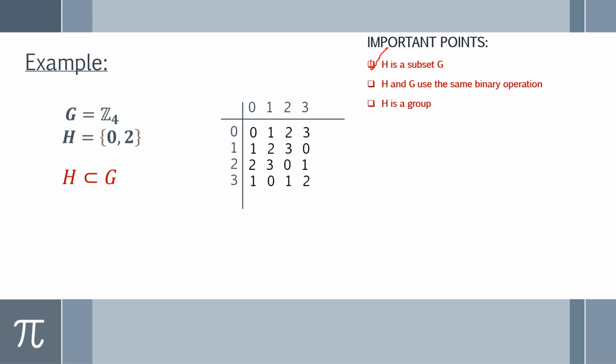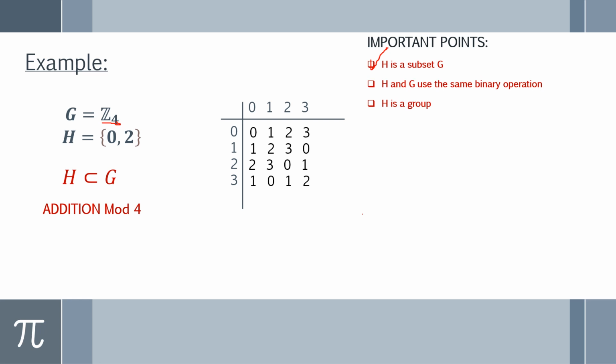Alright, moving on. The second important point is that H and G use the same binary operation. In this case, as we can see, both are using addition. Right here, we're using the binary operation of addition.